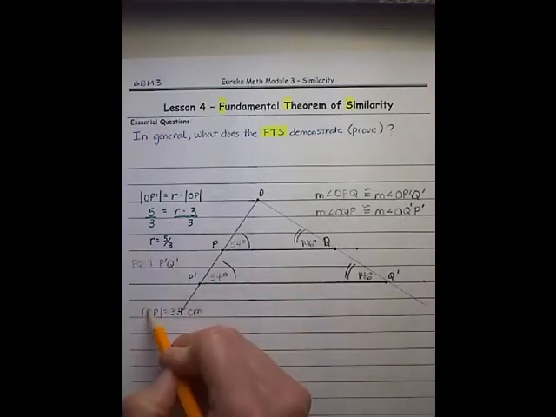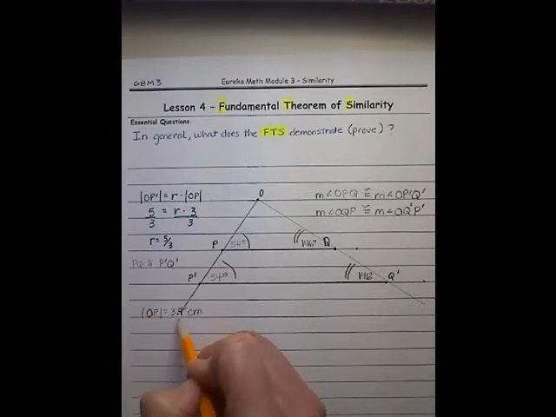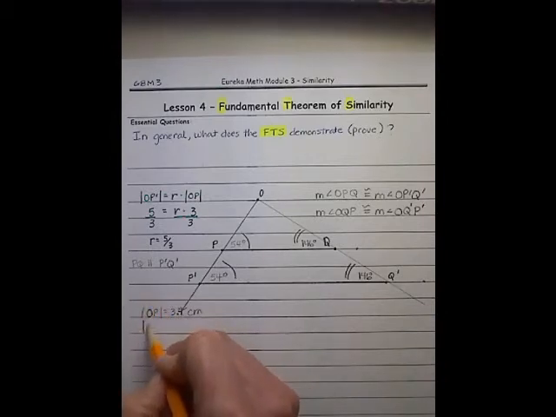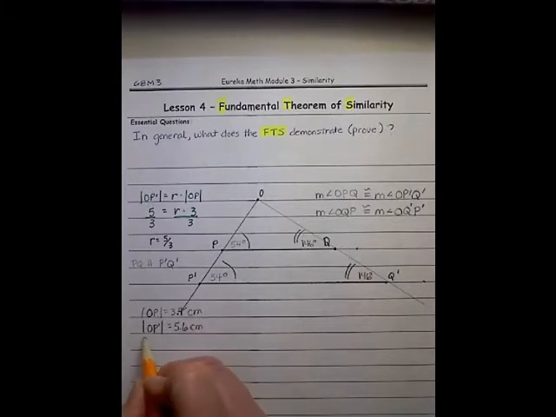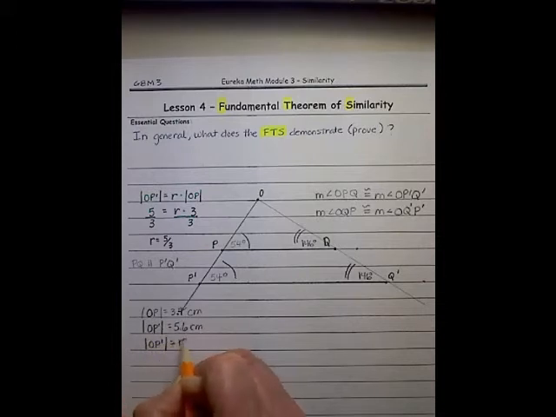Alright, so I had OP, the original segment, 3.4 centimeters. My dilated segment, OP', measured 5.6 centimeters. And what we know about dilations is that the length of the dilated segment is equal to the scale factor times the length of the original segment.